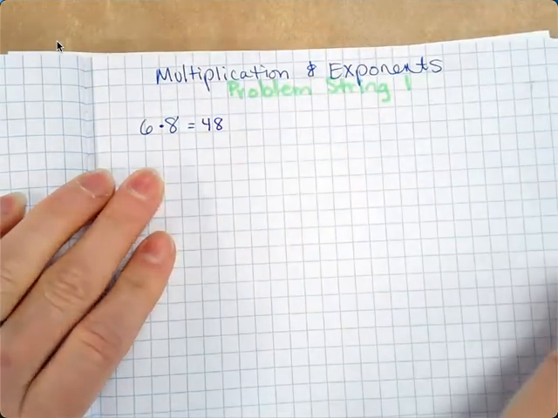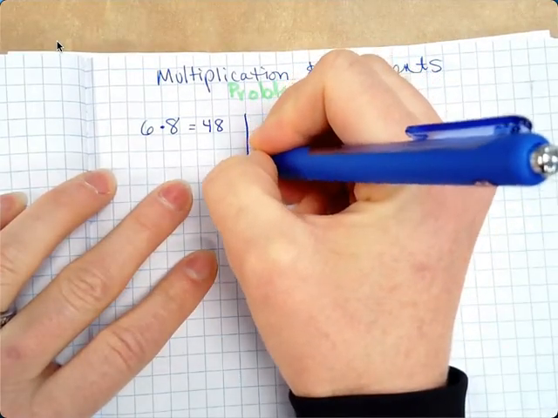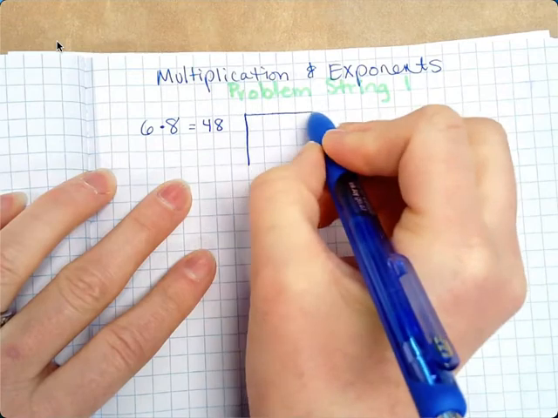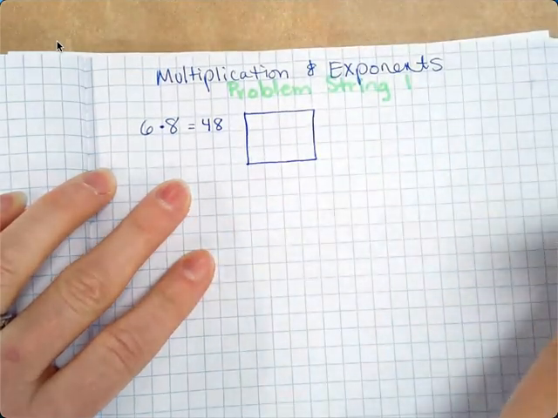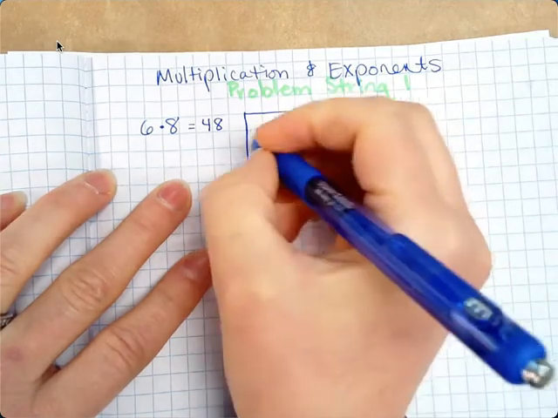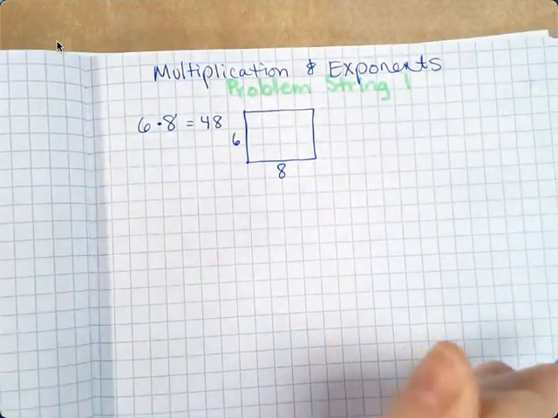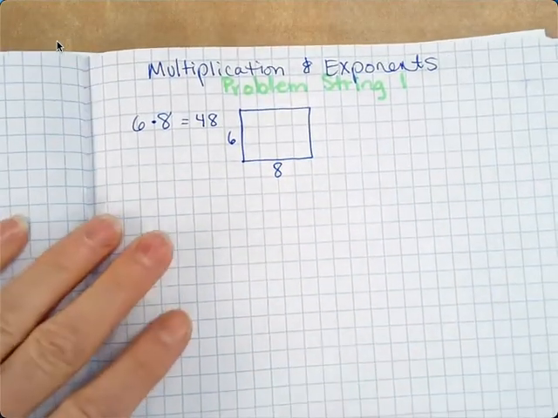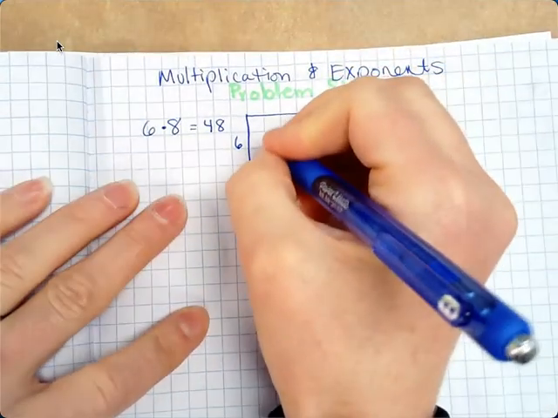Okay, and 6 times 8 can be represented as an area of a rectangle. I'm going to count each one of these as 2. So 2, 4, 6 times 8. I'm counting those as 4. And we know that the area equals 48.